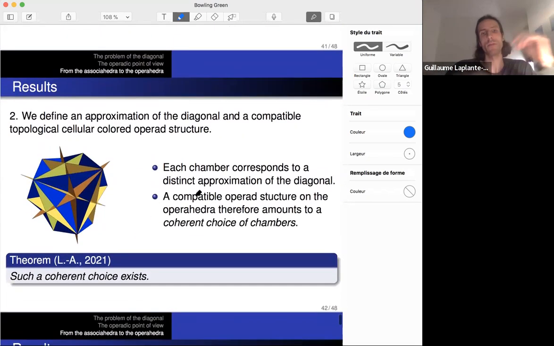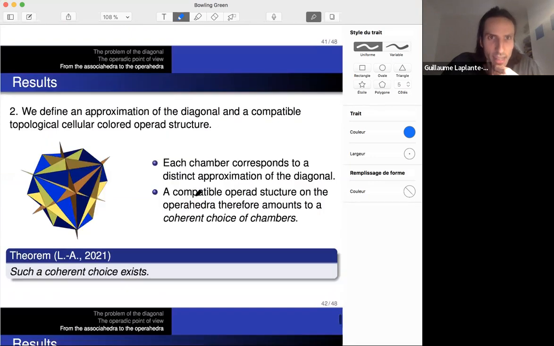One of the first theorems of my paper is that there exists such a choice. In fact, there are many choices. I exhibited a second one, and I imagine there are a few of them. This is a question I didn't really investigate, but there are other choices, so you have some degrees of freedom here.